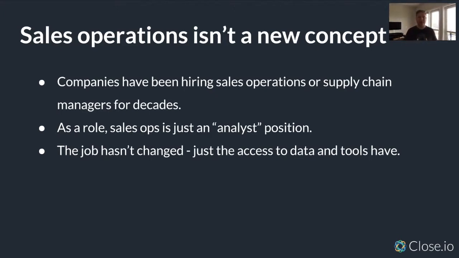So when you're thinking about this, don't think of sales operations as something new. Apply the main fundamentals of business to it, and you'll usually go in the right direction. Think about it very practically. But the big thing that has changed, which changes who you would look to recruit for this role, is all about the access to the data and the new tools that we have, and can they effectively use them to be successful?